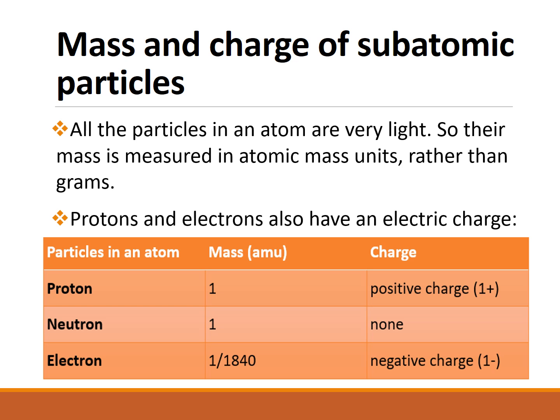So here we have a table summarizing the mass as well as the charges of these subatomic particles. Protons and neutrons have a mass of 1 atomic unit, while electrons have a mass of 1 over 1840, which is almost nothing, or it's negligible. In terms of charges, protons have a positive charge, neutrons have no charge, and electrons have a negative charge.